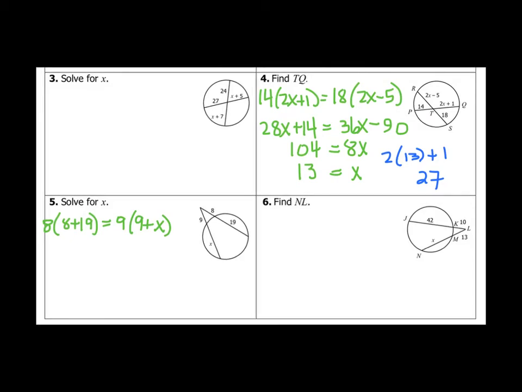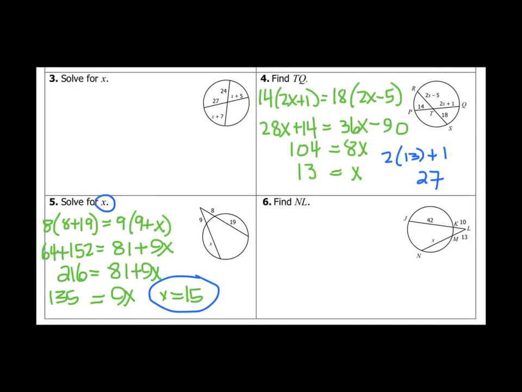The formula was A times A plus B equals C times C plus D. I'm going to pause and do the algebra. So in 5, I would solve for x and get x equals 15. It doesn't ask me to find any little piece, so this would be my answer.